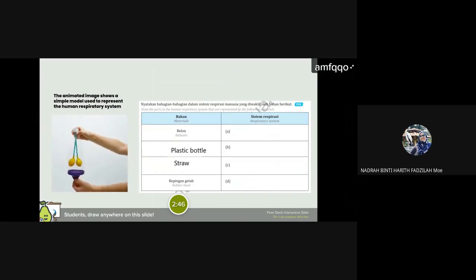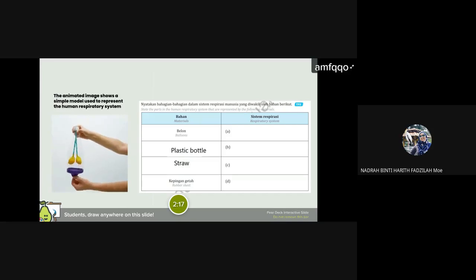So you can see the changes in each of the structures when the person is pulling the rubber sheet at the bottom of the bottle. If we want to take a look at how the model works, take a look at the Google Meet presentation. And when you want to answer, you open your own personal paddock.